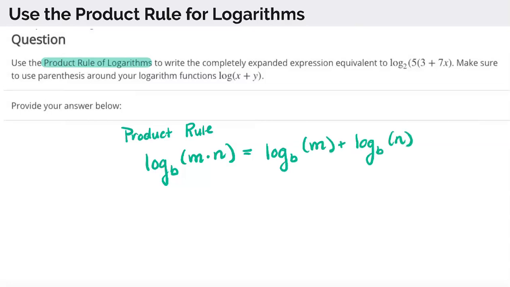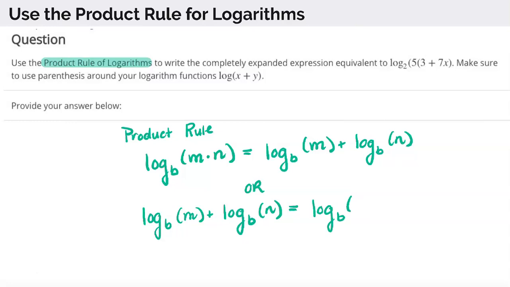Remember, we can always interpret the product rule going the other way as well. If we do have a sum of two separate logarithms, as long as they have the same base, we can combine those into a single log by multiplying what's inside. In this case, we're going to be using the first one.